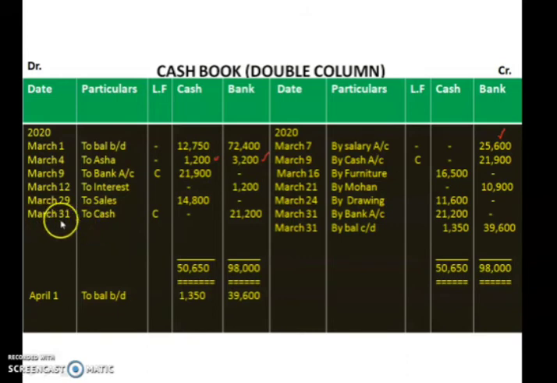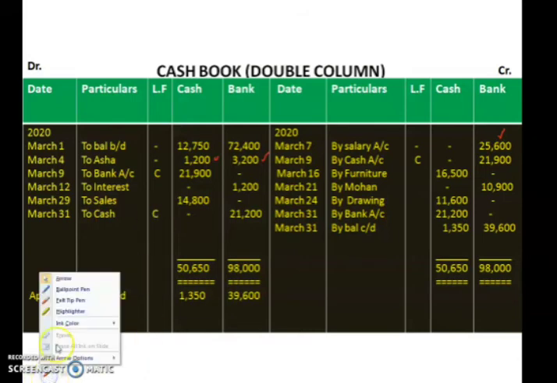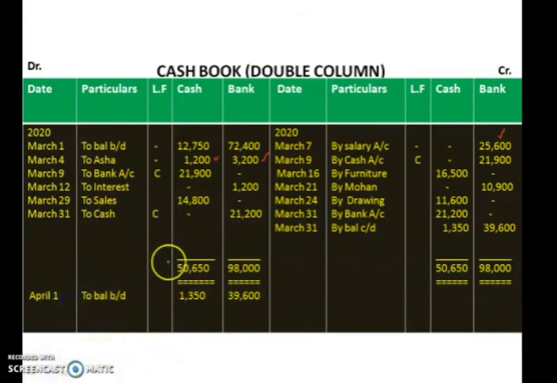So here on March 31st you can write to cash. This is also a contra entry. As I told you, in a contra entry, for that particular entry, what was the question? Deposited office cash in bank. So cash is going to the bank.